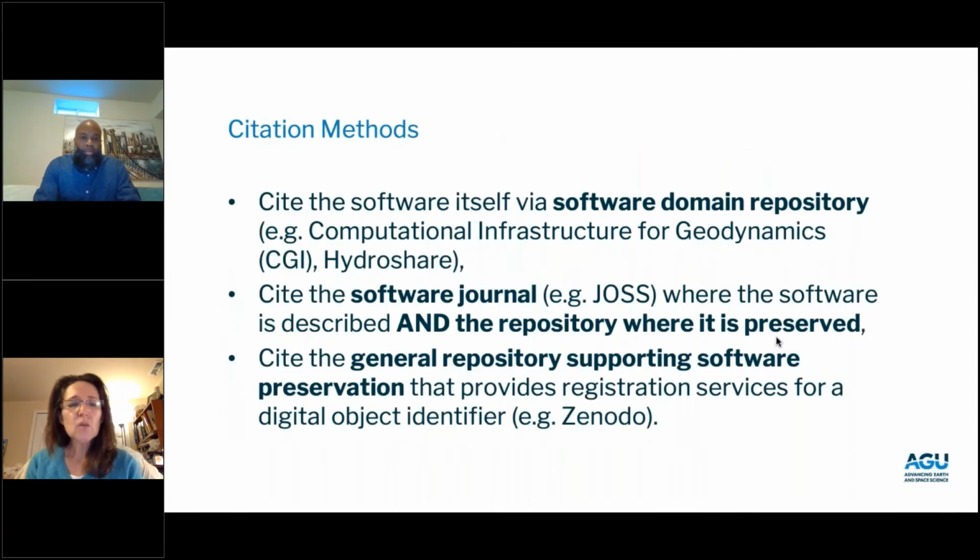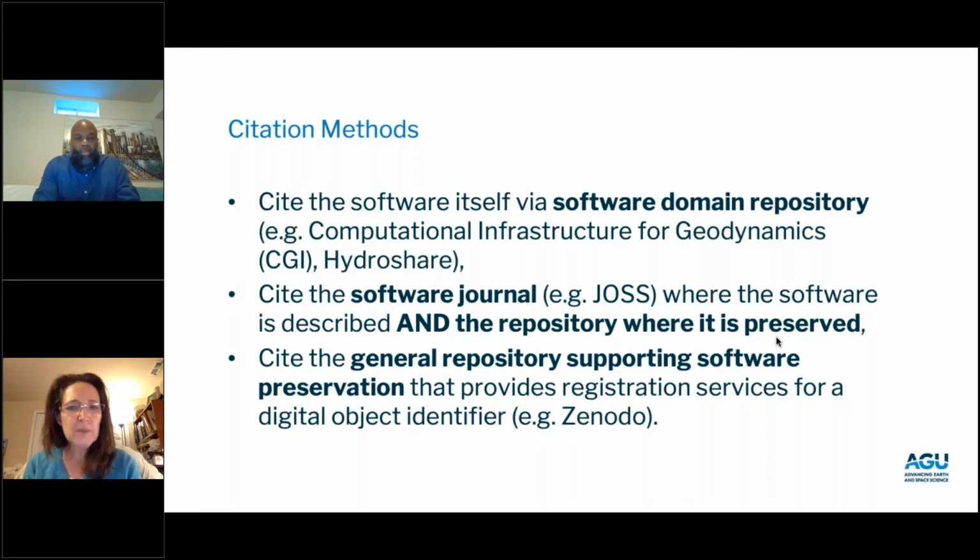Alrighty. So where would you find these citations? How do you know that you're following an appropriate scientific method or citation method? There are three examples here of how you could have an appropriate citation for your software.